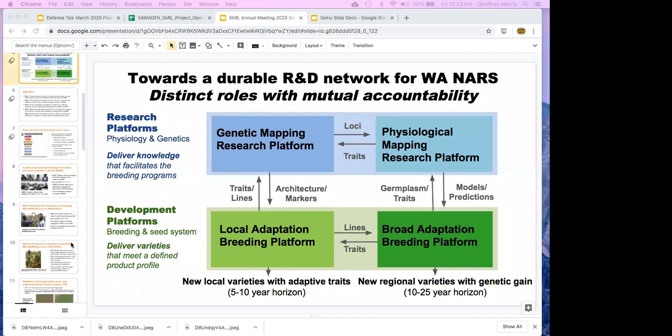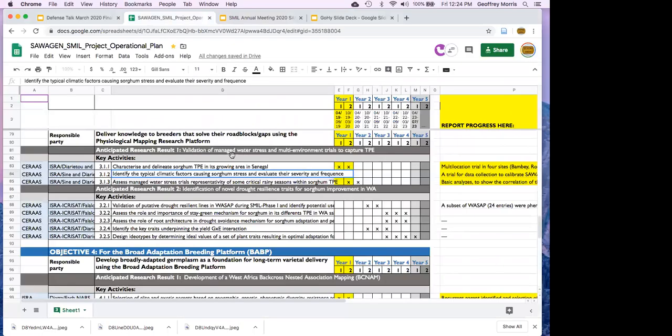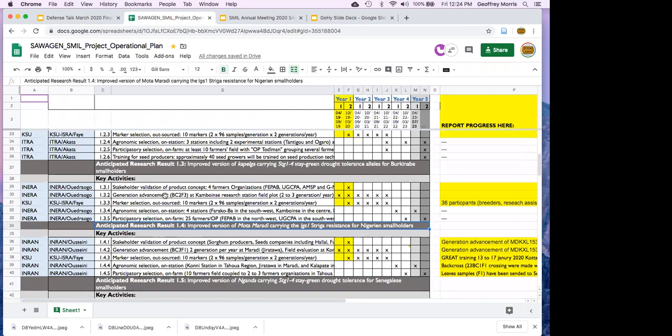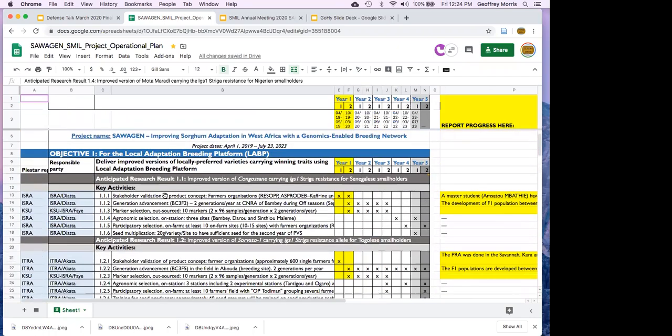I think the breeders will continue to collaborate and to share data and materials. It is a very nice example of how different projects contribute to building something very big that goes beyond a single project. Great, thank you. Your point is really important: the Sawagen project, to get started, has leveraged additional funds that you've been able to access.